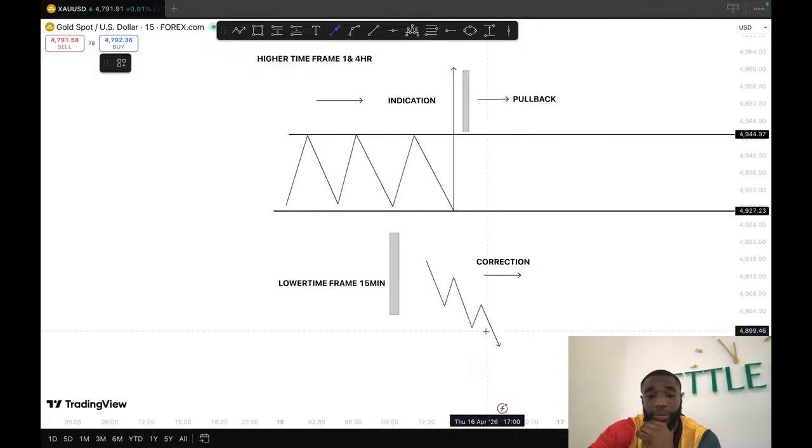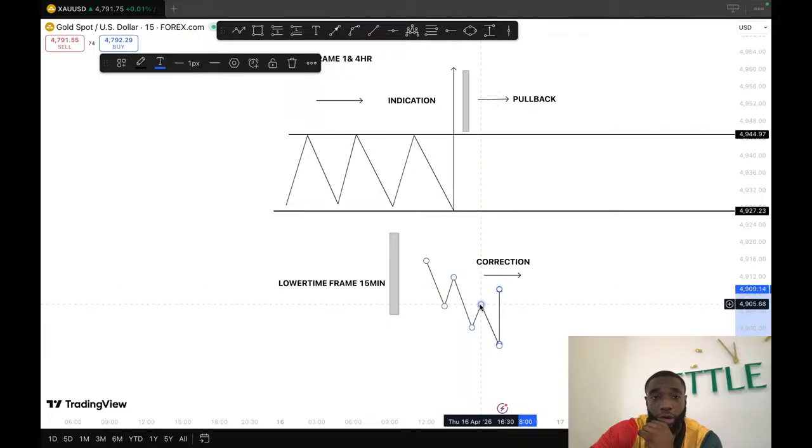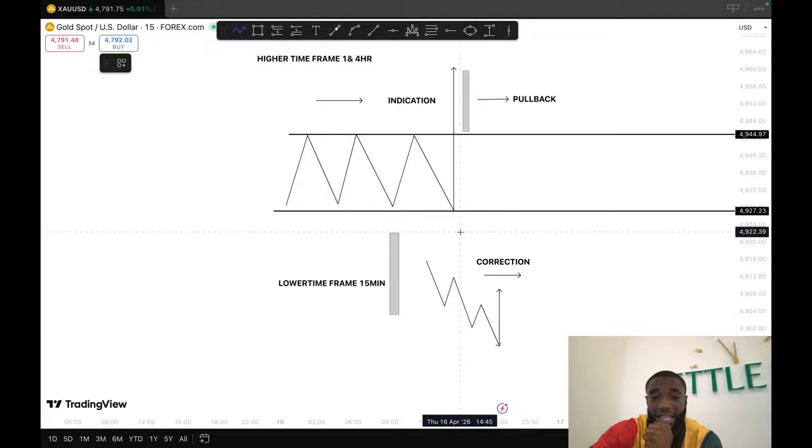If price made a lower high and a lower low, you want to see price break above this previous high, come back down, right?